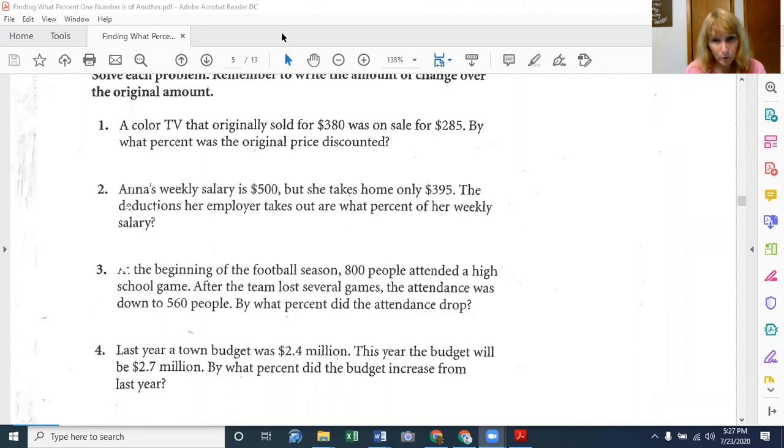It's still very similar to what it was, but instead of is over of, or part over whole, especially for word problems, you're going to use change on top, whatever the change was in the amount. And on the bottom, be careful on this, you're going to have the original amount, not the new amount, the original.